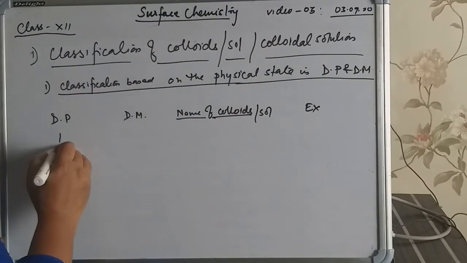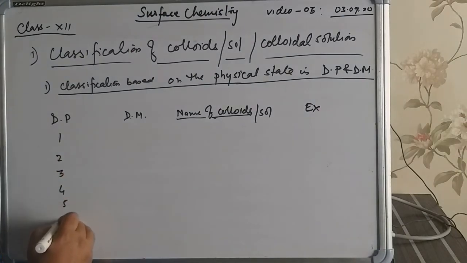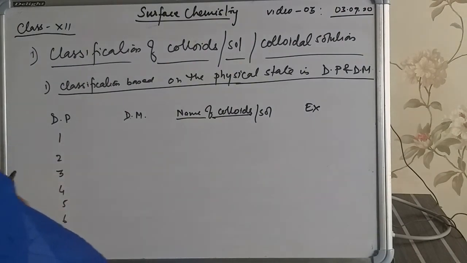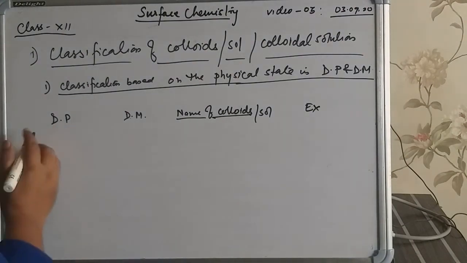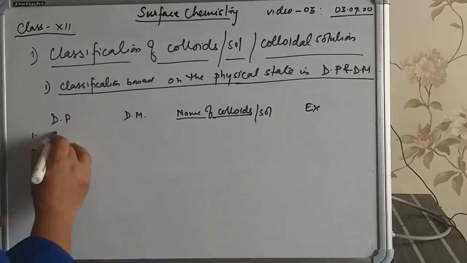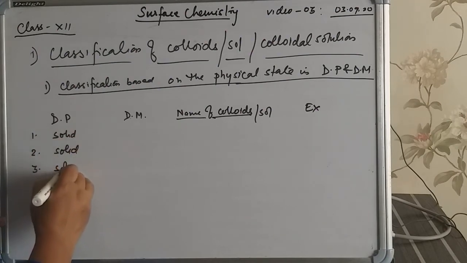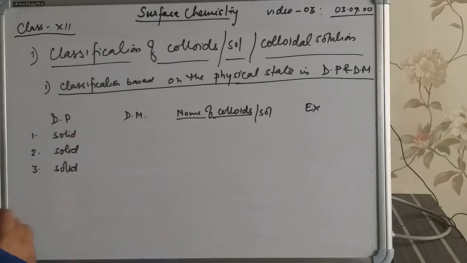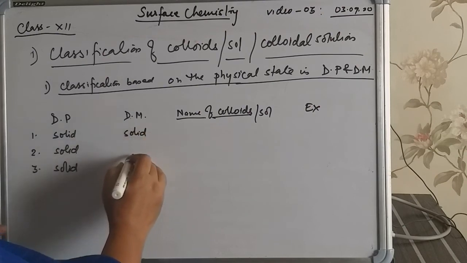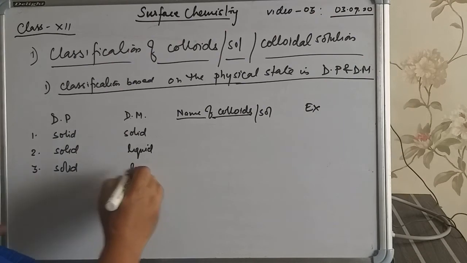Suppose dispersed phase, 1, 2, 3, 4, 5, 6. Suppose solid, and dispersion medium first solid, then liquid, then gas.